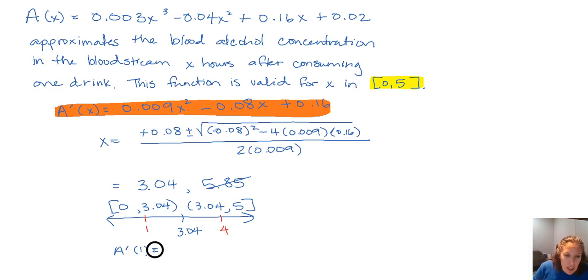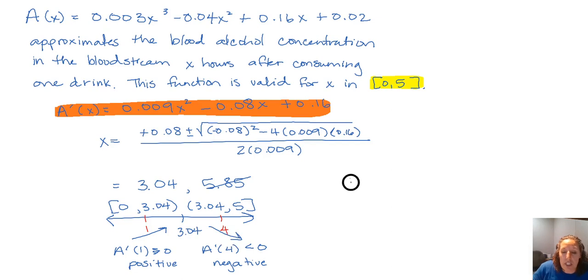That is going to be a positive number. So that means our function is increasing between 0 and 3 hours. And then if we plug in 4, for that we do get a negative number. So that means that the concentration is decreasing.